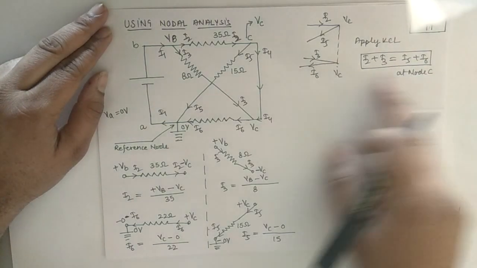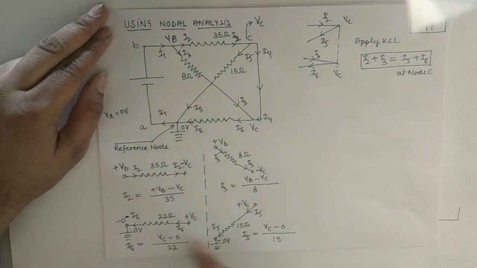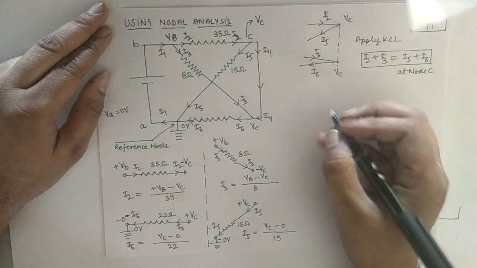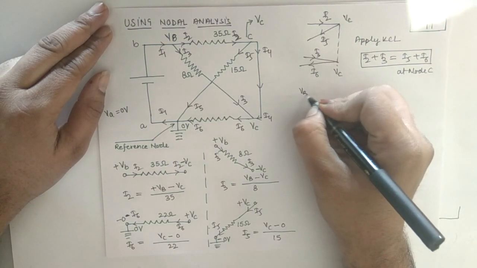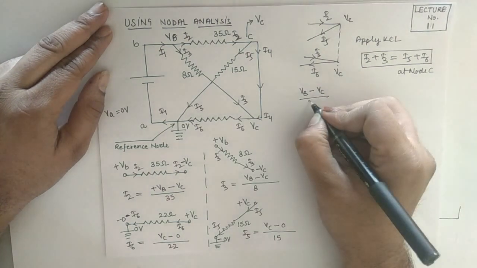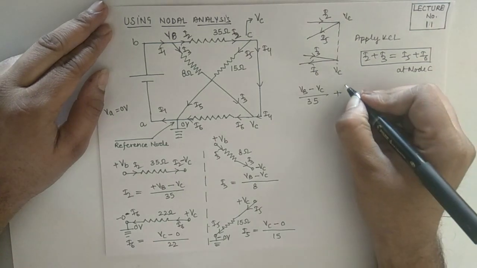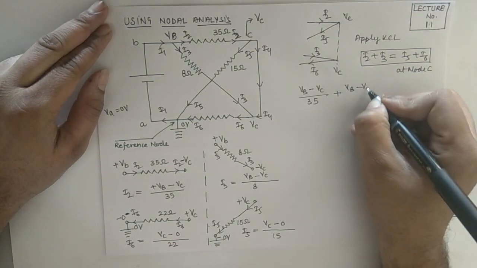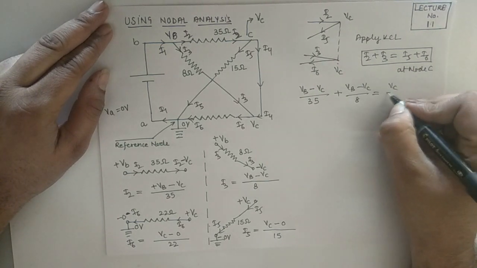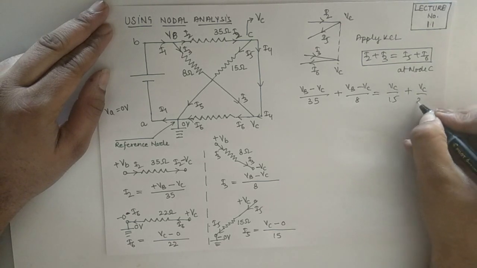So we find I2, I3, I5, I6 from here, and in this way we put all the values here. For I2, VB minus VC upon 35, plus I3, VB minus VC upon 8, is equal to I5, VC upon 15, plus I6, VC upon 22.